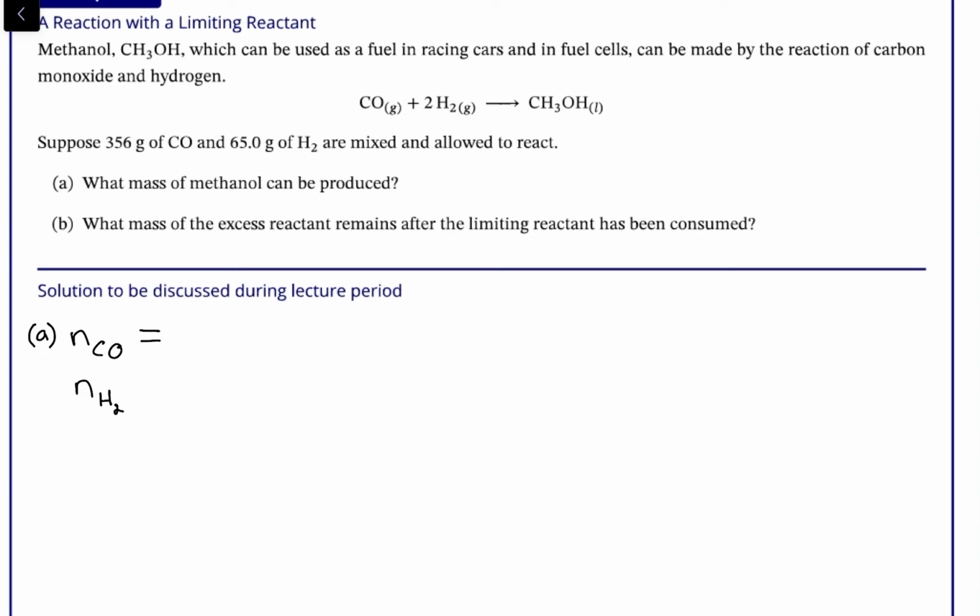Number of moles of carbon monoxide. You remember that number of moles is mass divided by molar mass. With our dimensional analysis method, we have 356 gram carbon monoxide, and we have here 65.0 gram hydrogen.